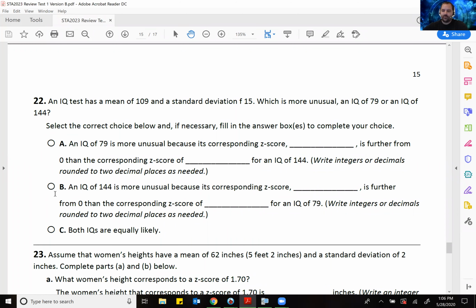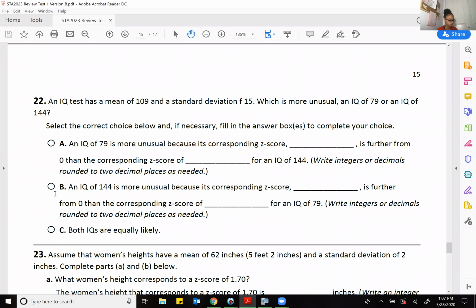And filling in the blank, we would say it is more unusual because its corresponding z-score is blank. What is the z-score? 2.3 repeating, and it says round to 2 decimal places, so we would say 2.33 is further from 0 than the corresponding z-score of blank, -2.